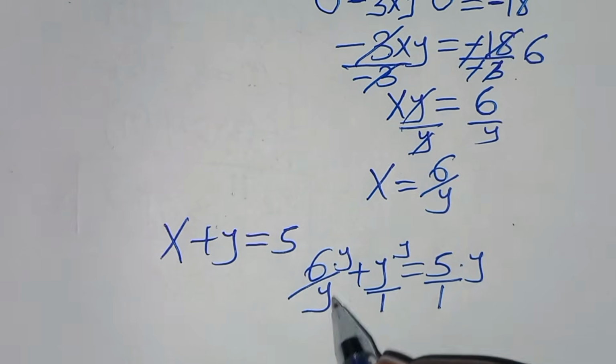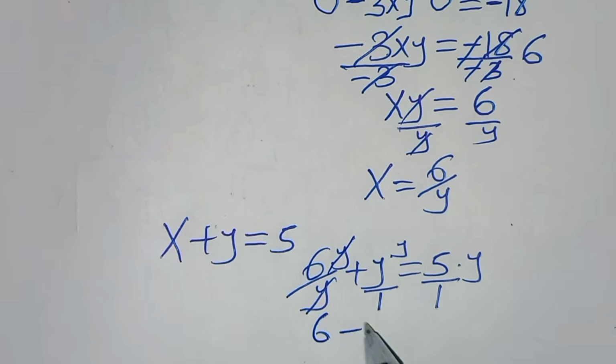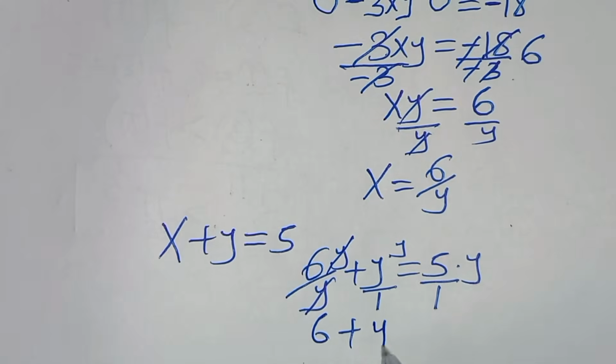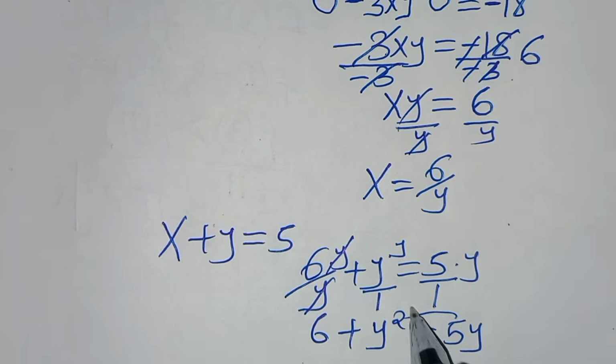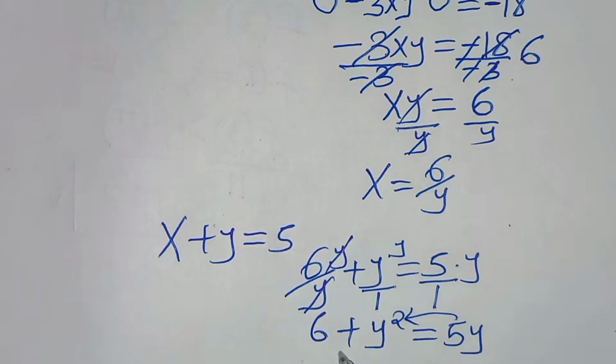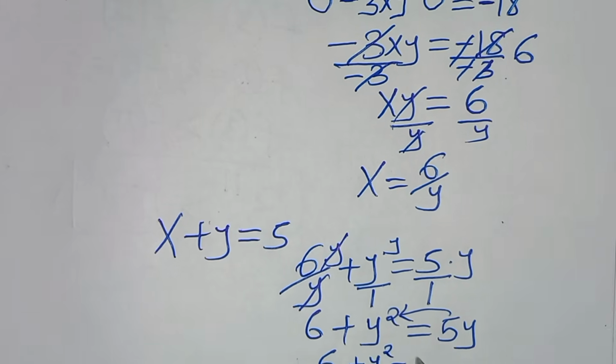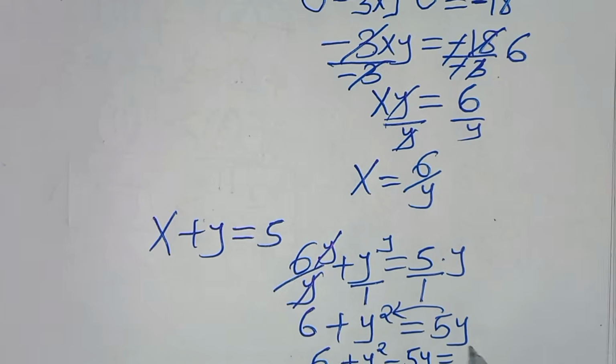So that now, here we have 6 plus y times y, this is y squared. This is equal to 5y. Now, let's take 5y on the left-hand side. So that here we have 6 plus y squared minus 5y, this is equal to 0.